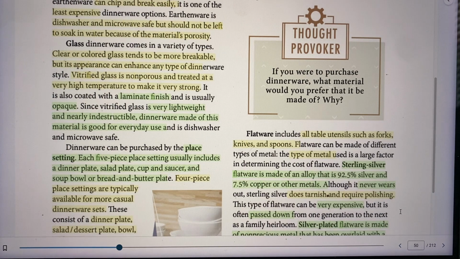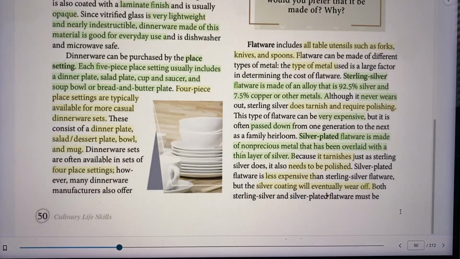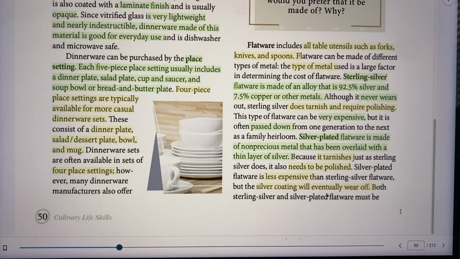Okay, well, dinnerware can be purchased by the place setting. If you want to go buy some dinnerware, you can just buy a place setting. Each place setting can be either a 5-piece place setting or a 4-piece place setting. Of course, you're going to buy more than one unless you're eating alone.